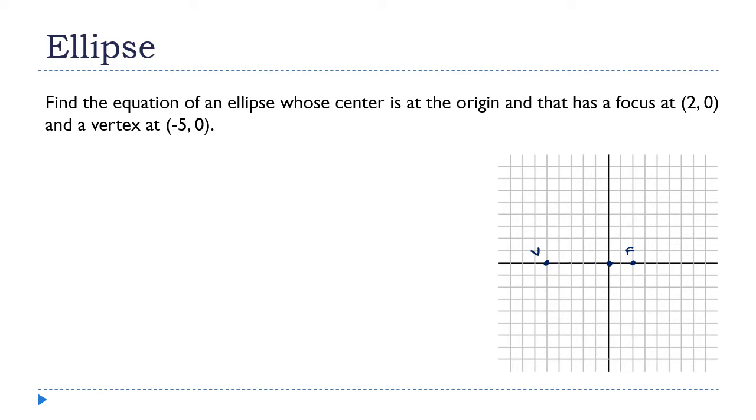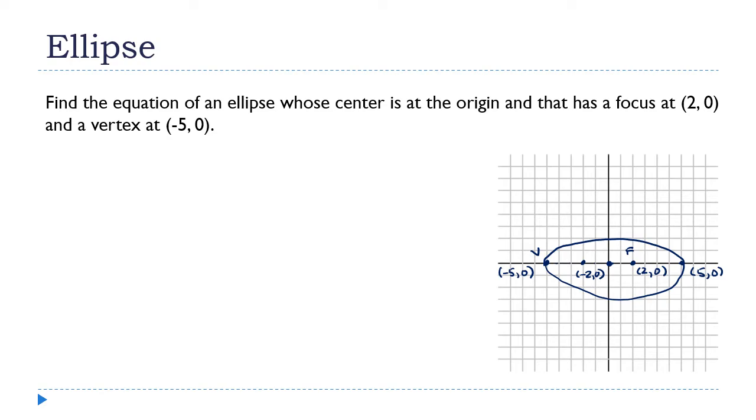So if one focus is at 2, 0, then the other will be at negative 2, 0. And if one vertex is at negative 5, 0, then the other will be at positive 5, 0. So that, more or less, is our ellipse.